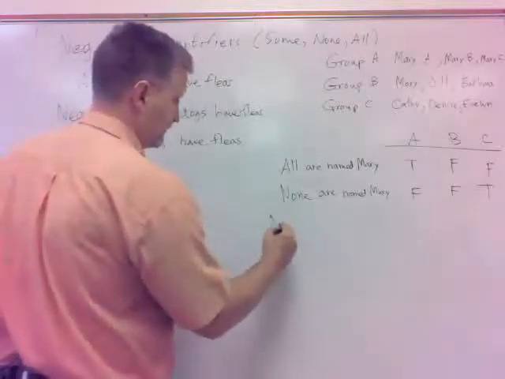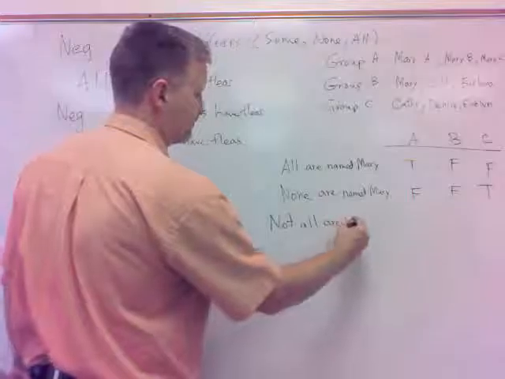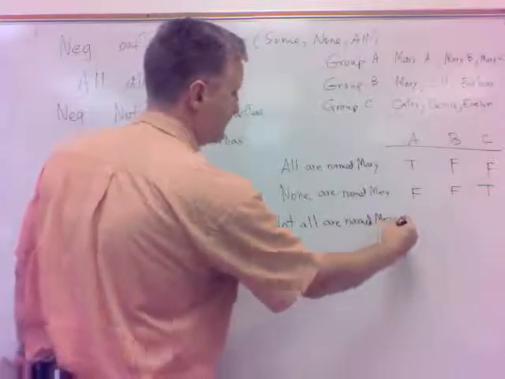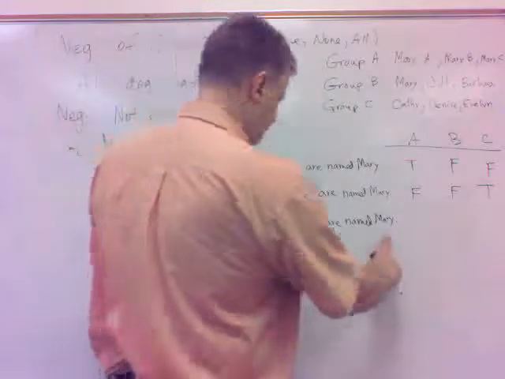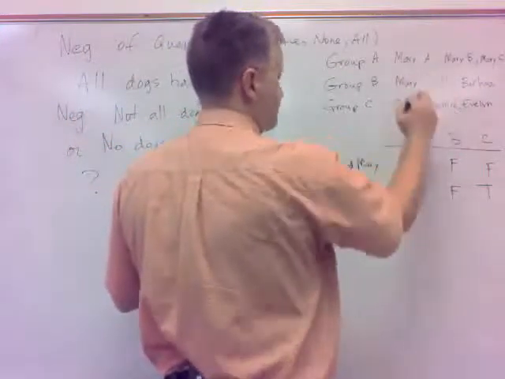Now, it was suggested that we go with not all are named Mary. Let's see what that is. So in group A, not all of them are named Mary. That's false.